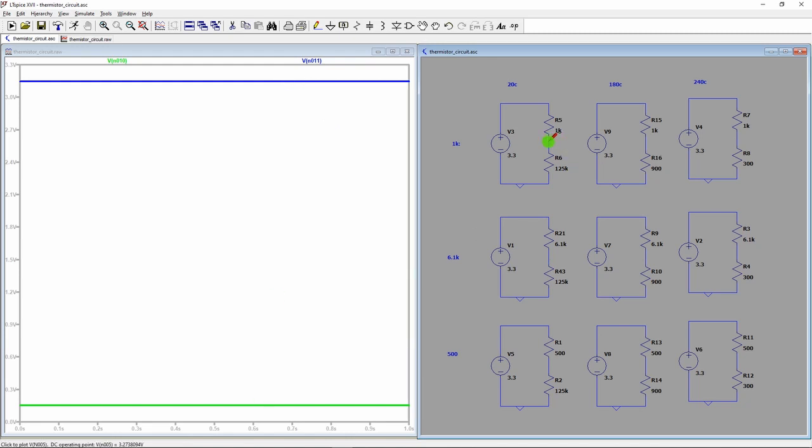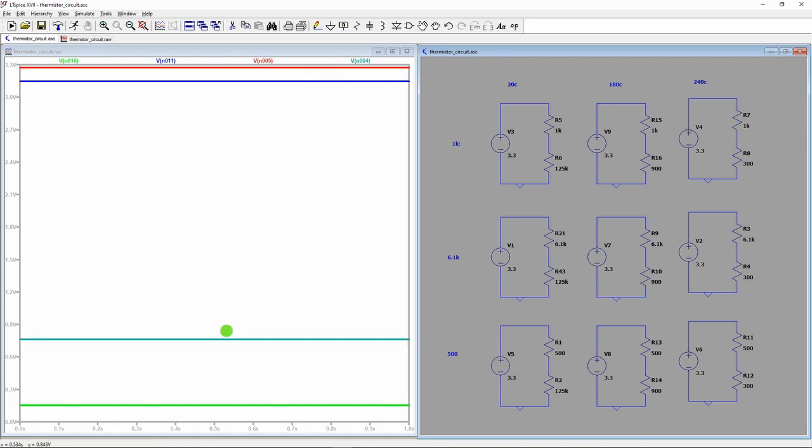The 1K is a little bit higher than that, but it's also a lot higher than this bottom one. So we can note that the 6.1K has a wider range of usable ADC values because it's actually going to be using from around 0.15 volts to 3.15 volts. So it doesn't go as high as the 1K, but it does have a wider range.